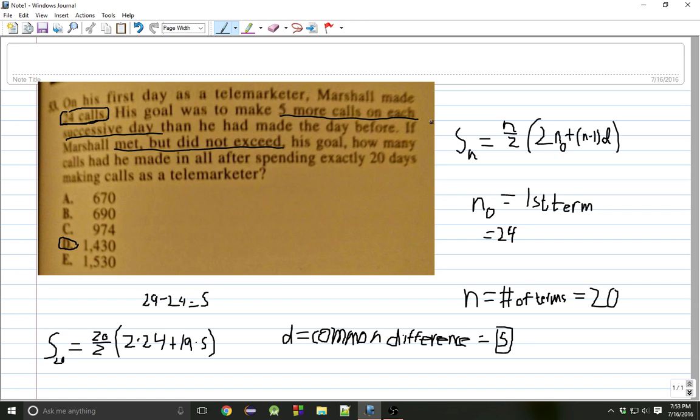So remember, the formula for a sum of an arithmetic series is the number of terms divided by 2 times 2 times the first term plus the number of terms minus 1 times the common difference. So n over 2 times 2 n not 0 plus n minus 1 times d, the common difference. Bam.